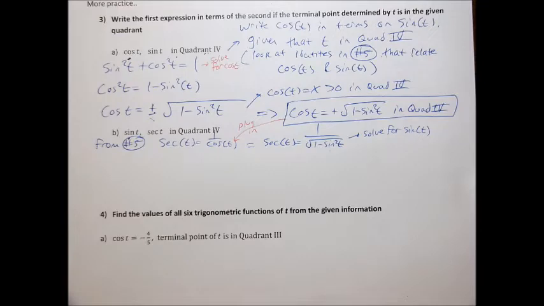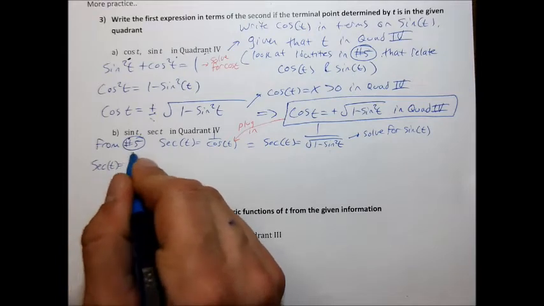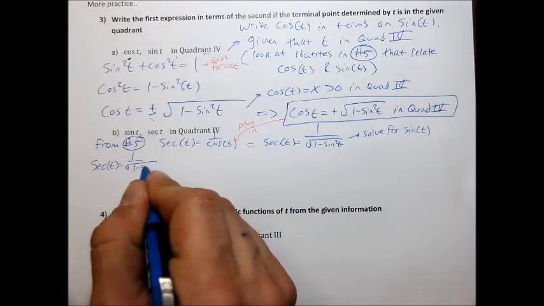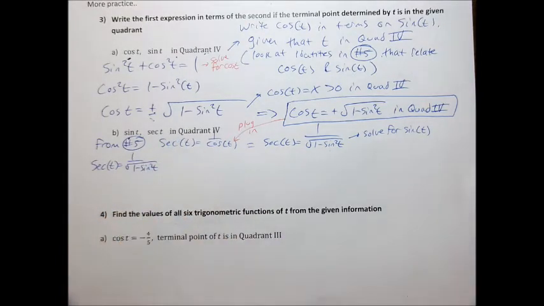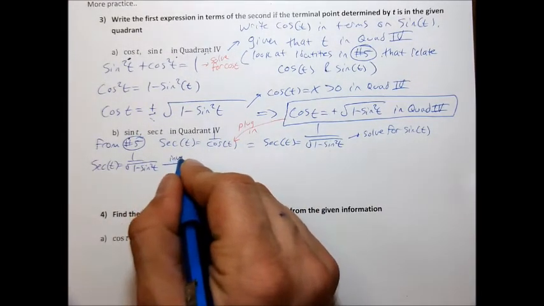It'll be some good algebra review. And so I'm going to start with this equation and solve for sine. So the first thing I'm going to do is invert both sides. The other way to think about that is I'm going to cross multiply this thing. And so I'm going to invert both sides.